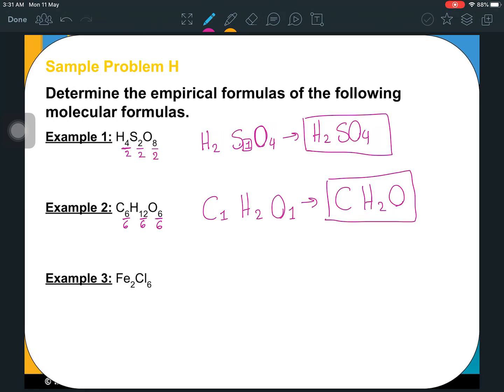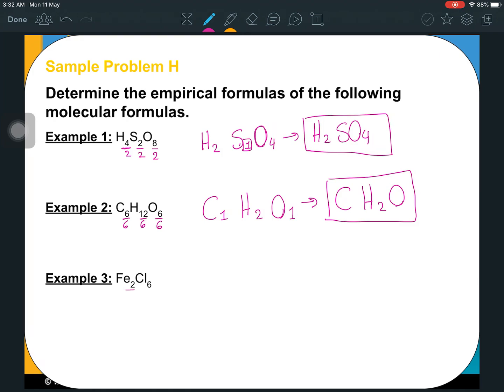Let's find the empirical formula for iron chloride. Remember, this right here is ionic, which means it should be represented by its empirical formula. So this is actually not the best scenario for it to be in. But basically, what we can do to turn it into its empirical formula is find a common denominator, or something that they're both divisible by.